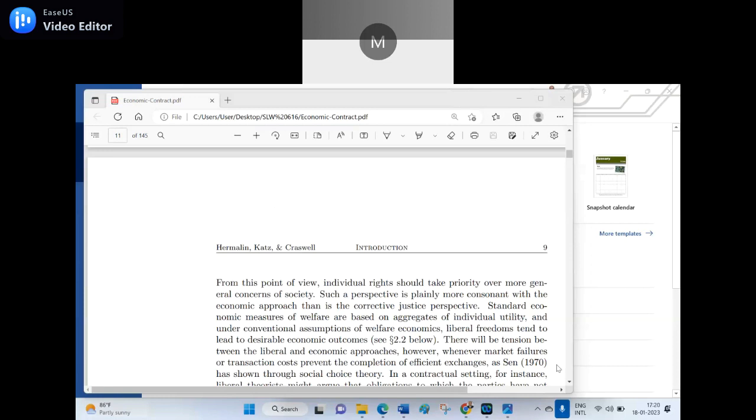Aggregate individual utility. For instance, if you take the cost of living of a person for his livelihood, what is the minimum wage given in Tanzania for a man and a woman for casual labor?